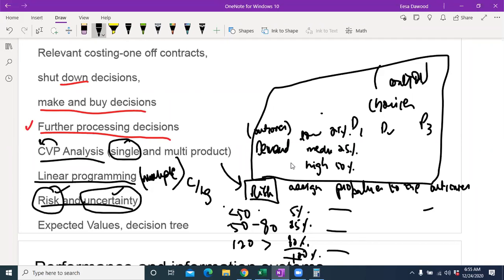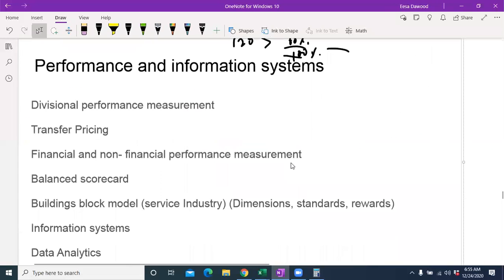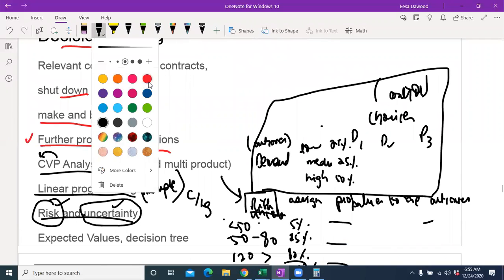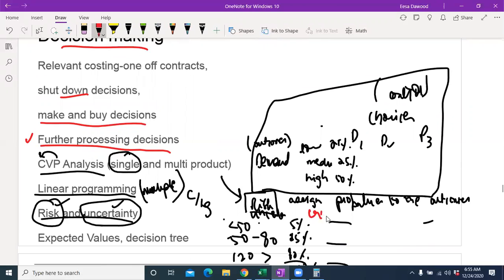What is uncertainty? Uncertainty is where you cannot assign probabilities. I don't know what the actual outcome would be because I don't have the prior data.